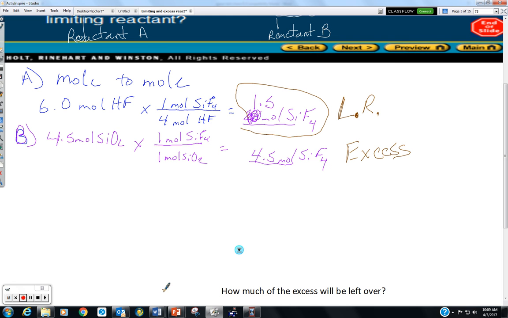We started off with 4.5 moles of silicon dioxide. We're going to subtract 1.5 silicon fluoride from it, and that tells us the leftover. So that will tell us how much excess we had left over. So it's going to be, what's that, 3? So we would have 3 moles of silicon dioxide left over at the end of this reaction.